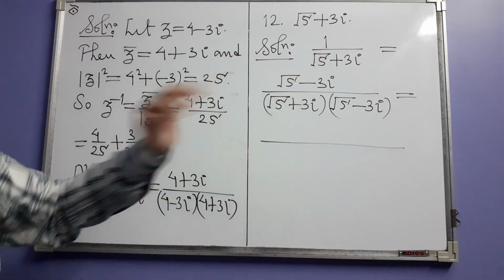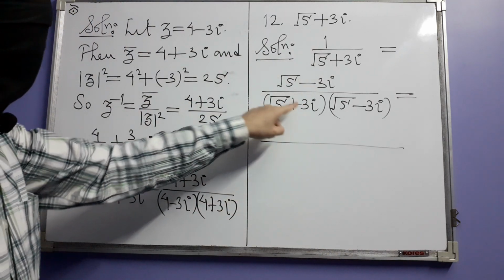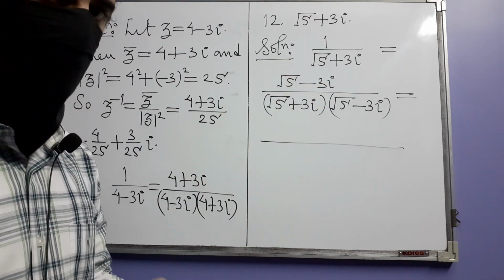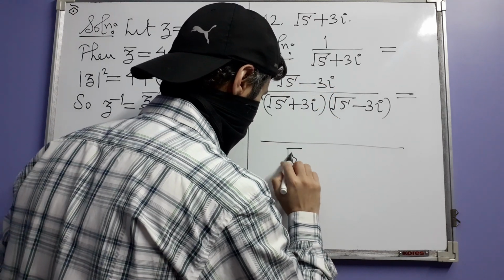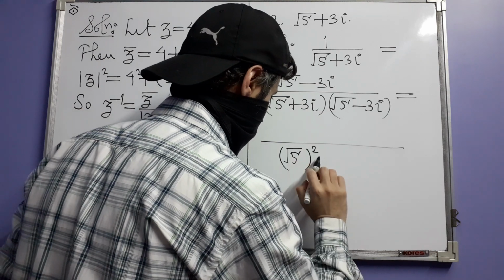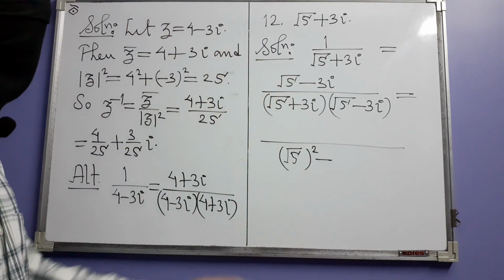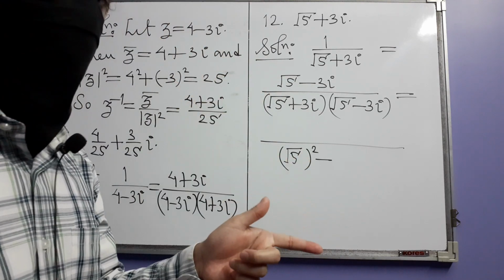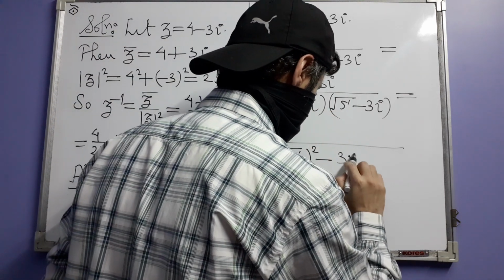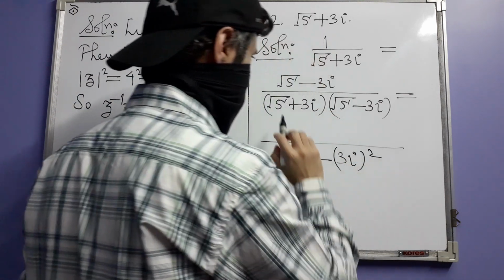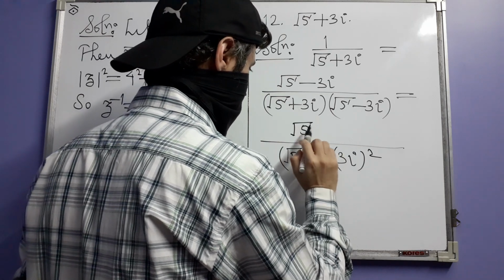Okay, so what are we going to get here? a plus b times a minus b, so a squared minus b squared. Do not forget minus b squared. And what is our b? 3i. Numerator of course will stay as such.